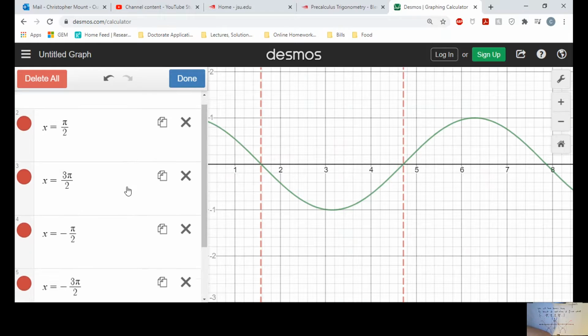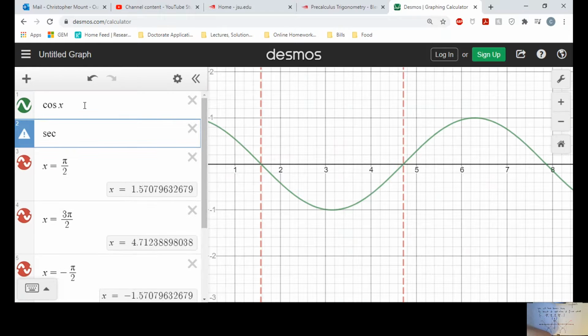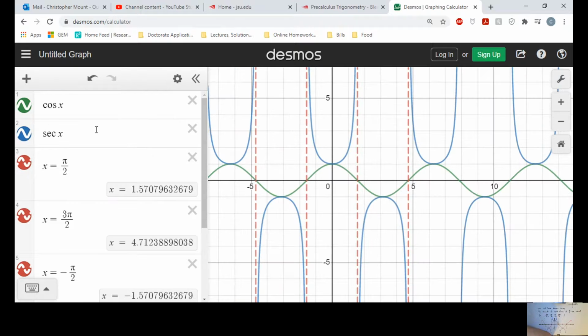And then let's put the secant graph in. There it is. Let's make it a different color. There's the secant graph. I mean, it looks just like the cosecant graph, right? Just shifted over. Its asymptotes are in slightly different locations, but they're spaced evenly as well.